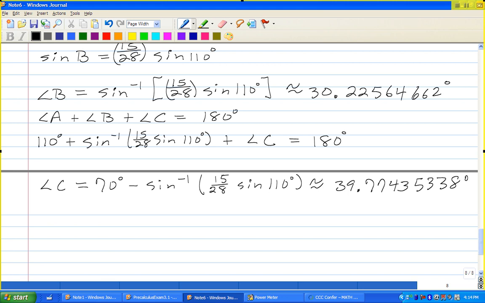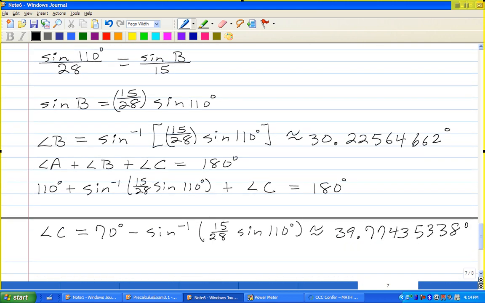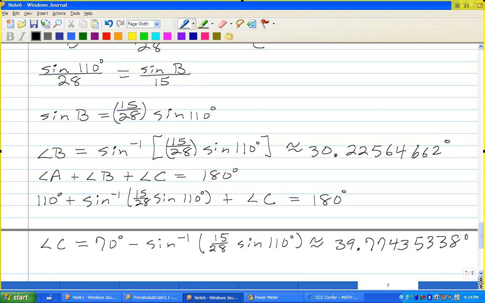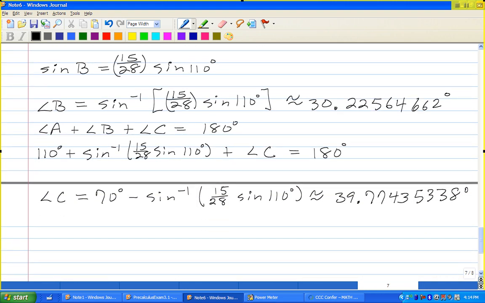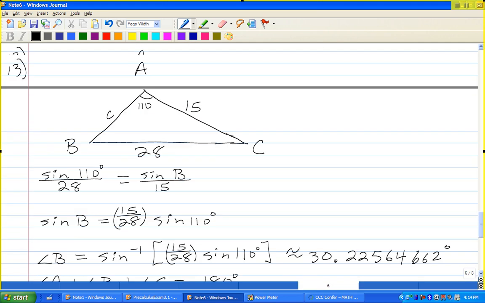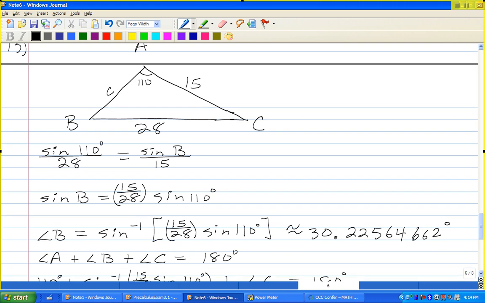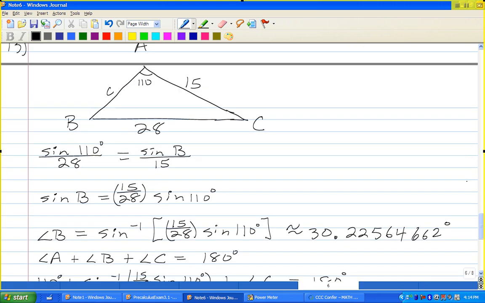Okay. B, and did I find C yet? No, I didn't find the C. Okay. I could do law of cosines to get it, but I'll just do law of sines.